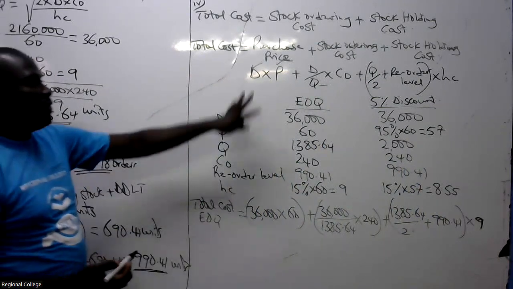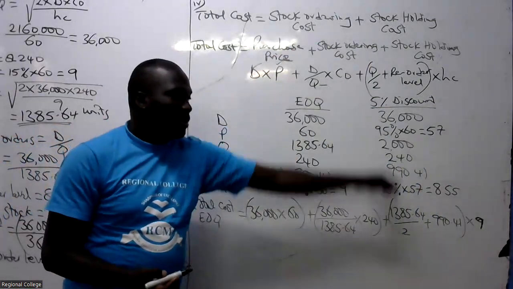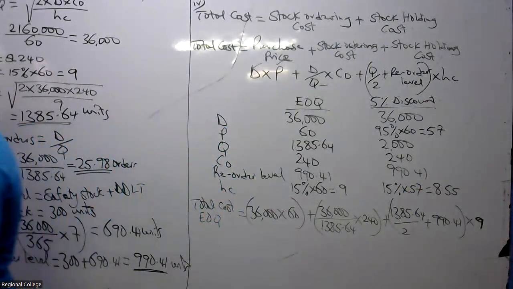So for EOQ we put its information here, and for the discount we put its information there. Then here the total cost.